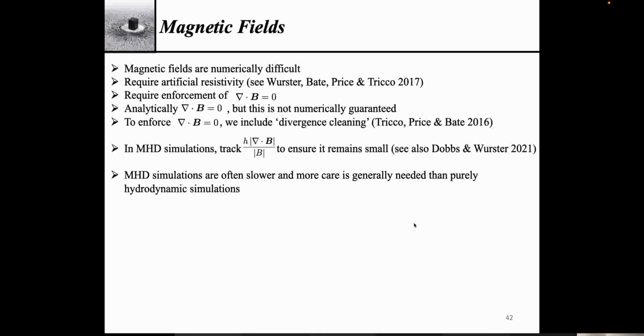Now, one thing we always want to track, if you're evolving a magnetic simulation, is this diagnostic term, which is the smoothing length times the divergence of B over the magnetic field magnitude. You need to keep an eye on that. As long as the average value stays low, about 0.01 or smaller, and as long as the maximum value does not get too high, then your simulation is stable and reasonable.